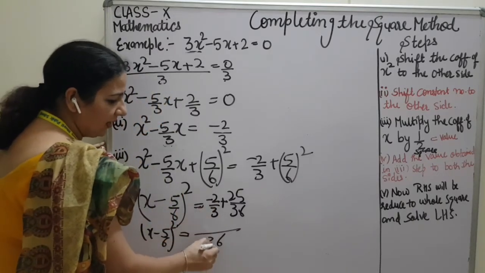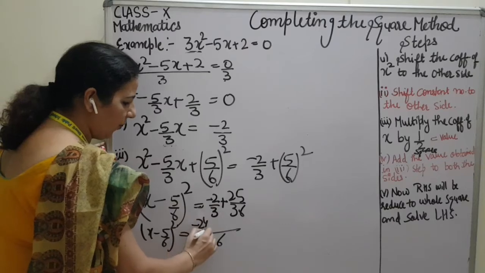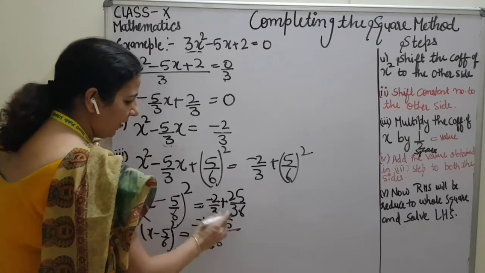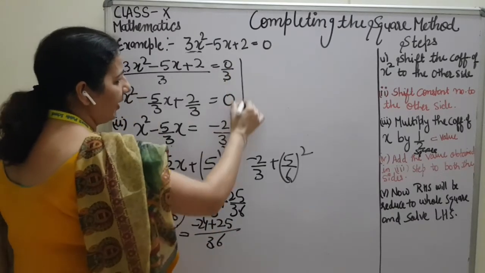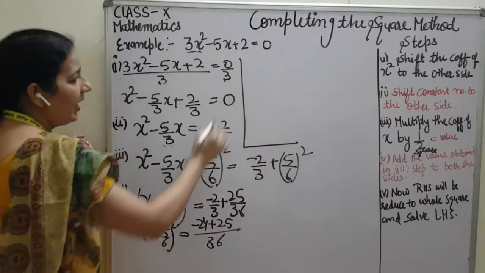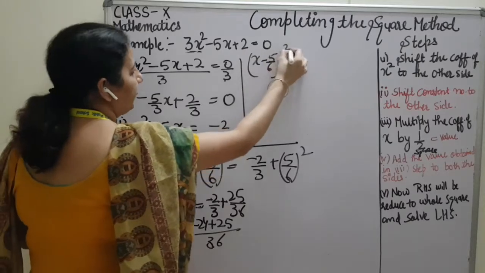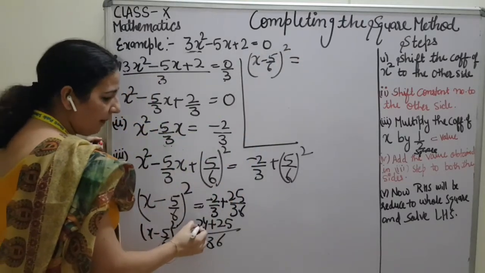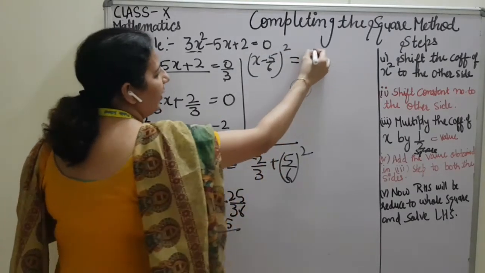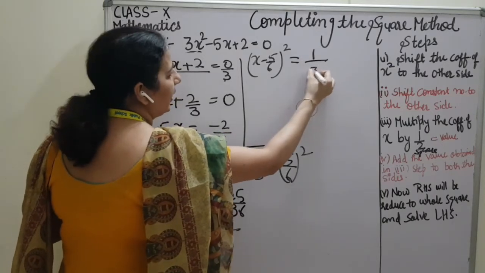Then 3 12s are, so 12 minus 24 plus 25. These are only the calculative part now. So x minus 5/6 whole square is equal to minus 24 plus 25 is 1, so 1/36.